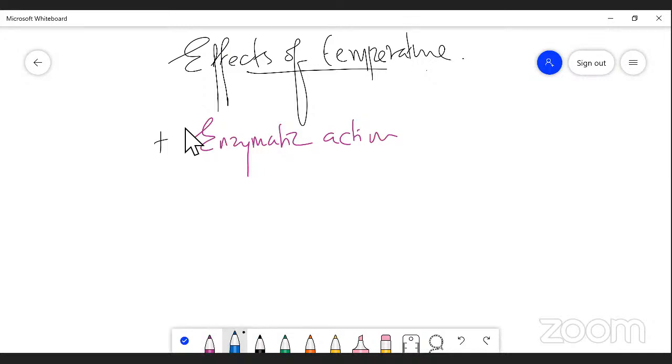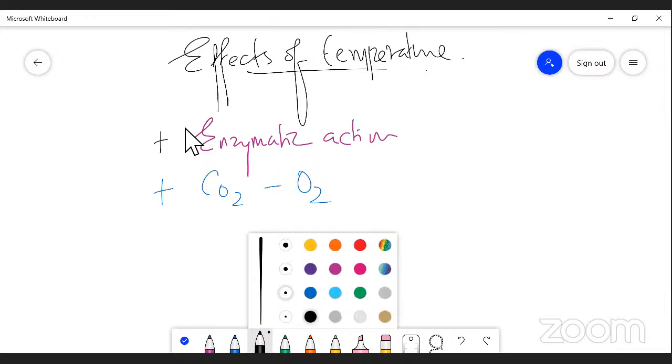Second point, that is a very interesting area, dear students. It also balances CO2 and O2 solubility in the living system. That means temperature influences CO2 and O2 solubility in the living system, right? Hence, that stimulates the growth of seedlings in plants, right? So that is the second point.